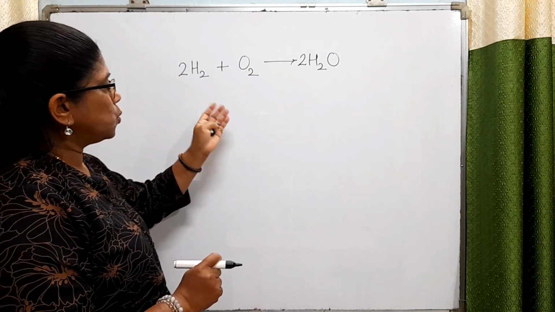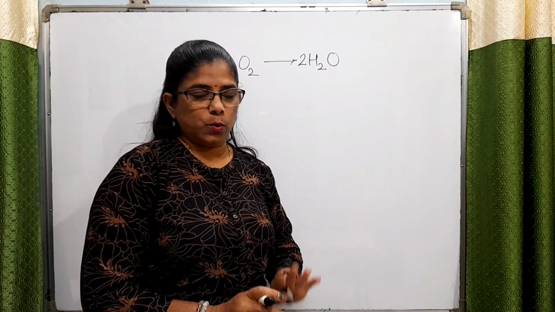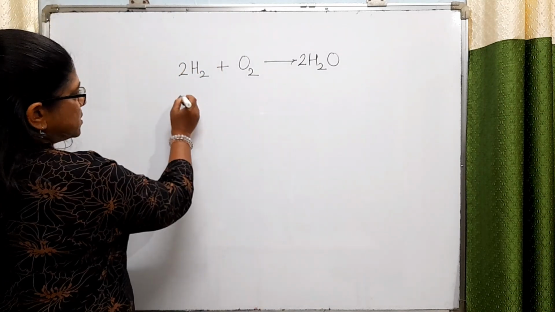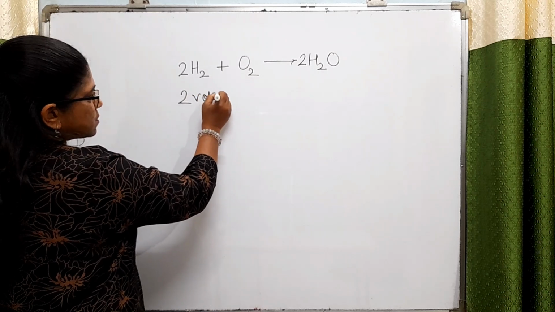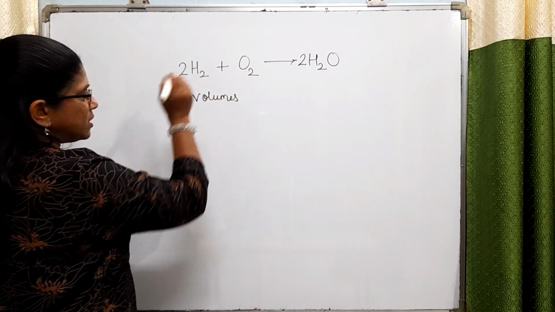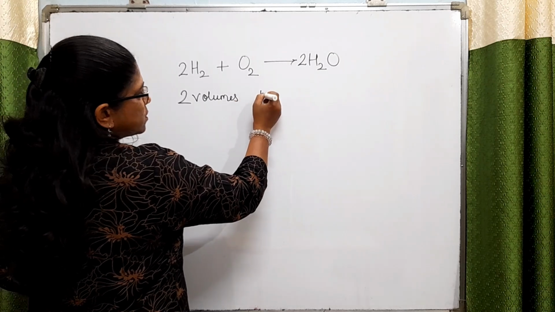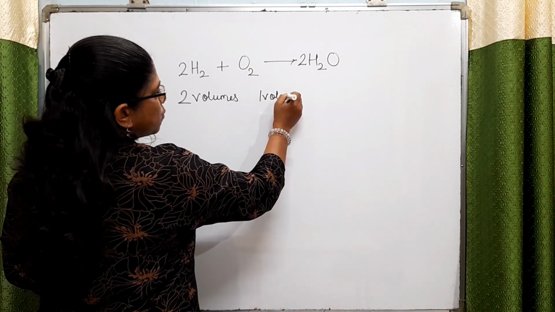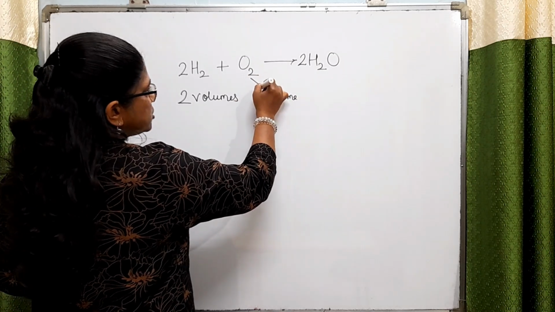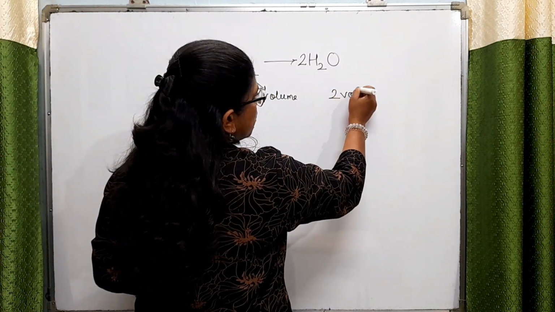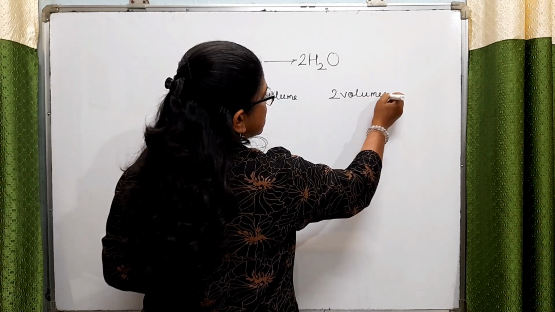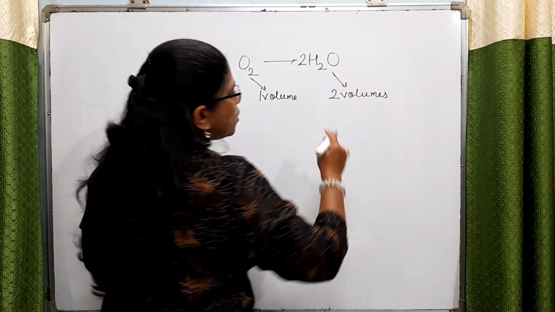Now what is the meaning of this? 2H2 plus O2 gives us 2H2O. So the meaning of this is 2 volumes of H2 reacts with 1 volume of oxygen, and this gives us 2 volumes of H2O, water vapor.